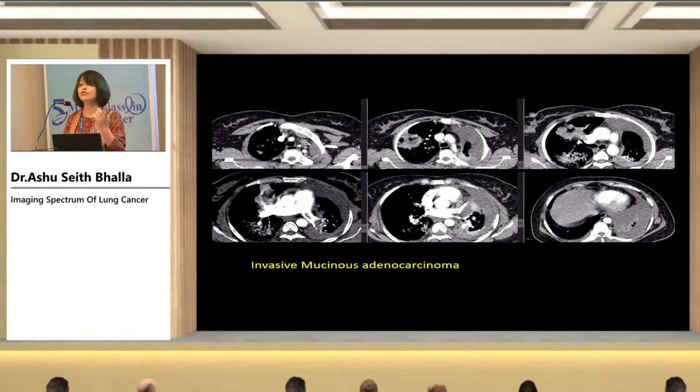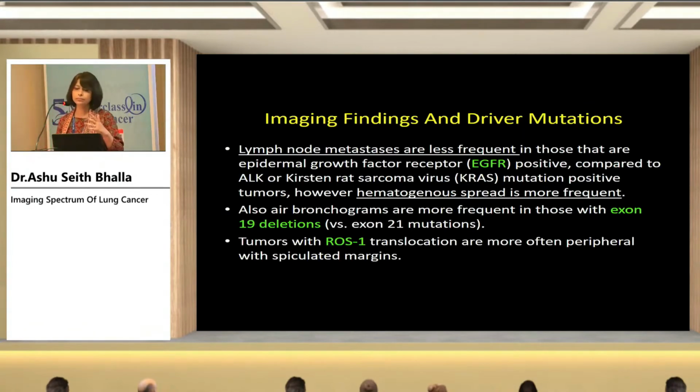Can you predict the driver mutation? Radiomics is now focusing on this, but if you look at the spectrum that we get in India of advanced NSCLC, in all the studies and whatever data we have analyzed of our CT and PET, we have not found anything significant. Most of the literature talks about differentiation in early stage lung cancer.